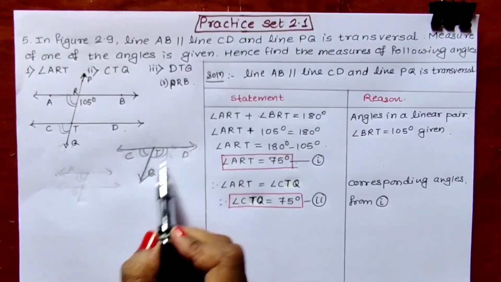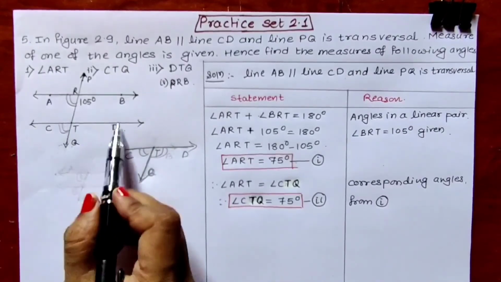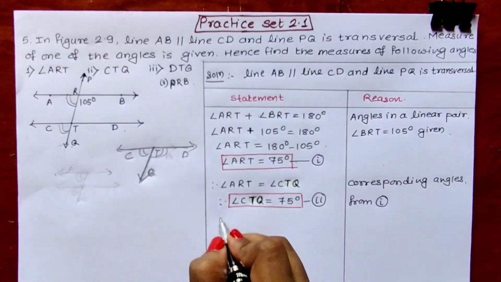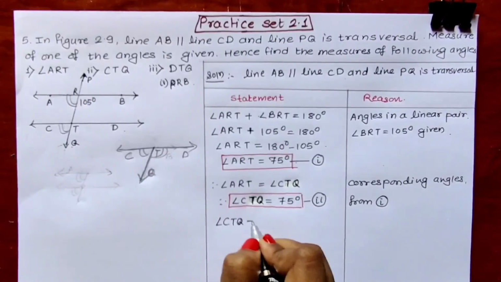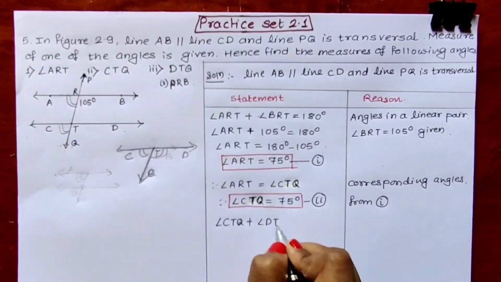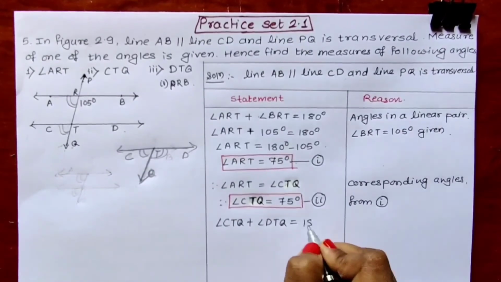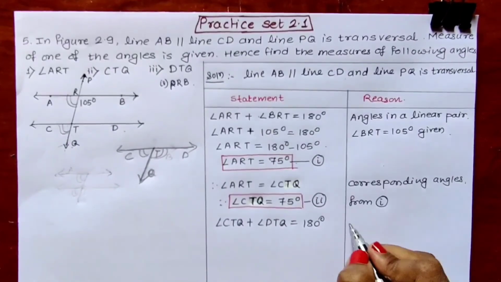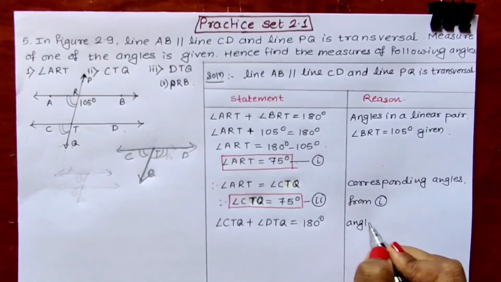So now CTQ and DTQ are angles in a linear pair. Angle CTQ plus angle DTQ are equal to 180 degrees. Their addition is 180 degrees because they are angles in a linear pair.